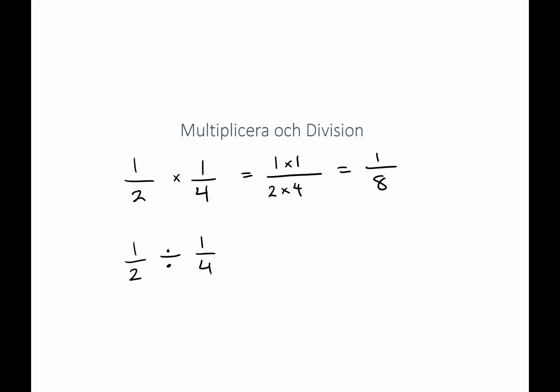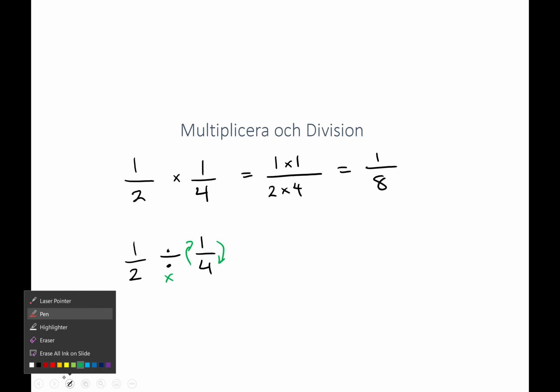Multiplication, division, I believe these are a bit easier than adding and subtracting. If we have 1/2 times 1/4, it's easy. We multiply the tops, multiply the bottoms, and our answer is 1/8. If we divide, well, there's one trick involved. And in that trick, we are going to flip these numbers and change this to multiply.